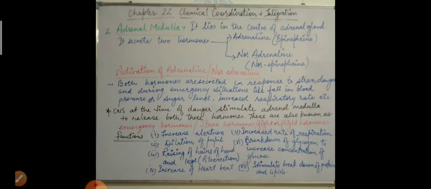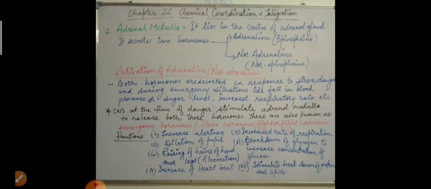As a result, glucose digestion also increases, which provides the person more energy so that the person can cope with the situation, either fight or flight. And for that, energy is required. So that is the role of adrenaline and noradrenaline.